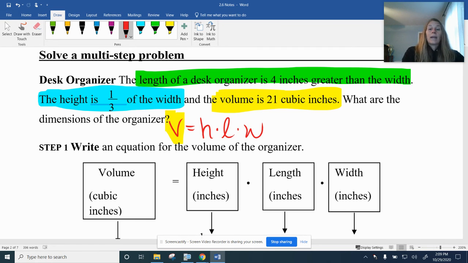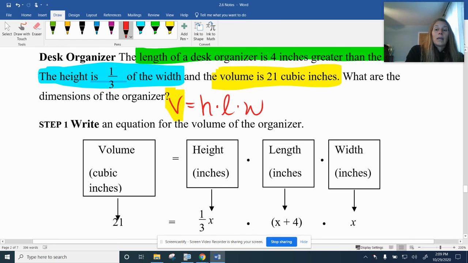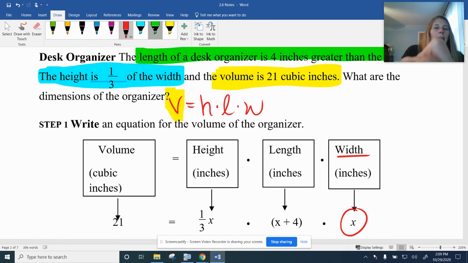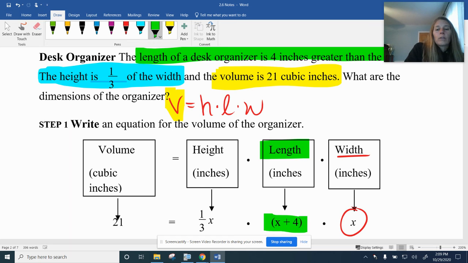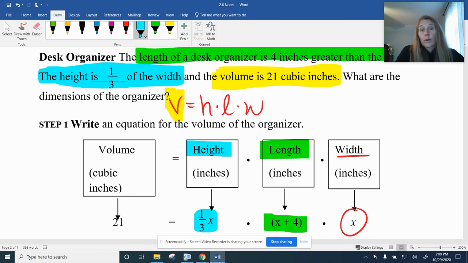So that's why the width is just going to be the single variable. And in this case, we're using x. So then the length was 4 inches greater than the width, so that's why it's x plus 4. And then the height was 1/3 of the width, so that's why it's 1/3 x.